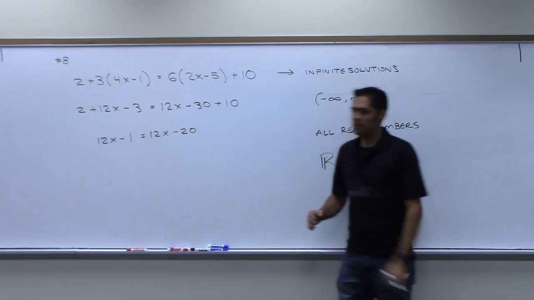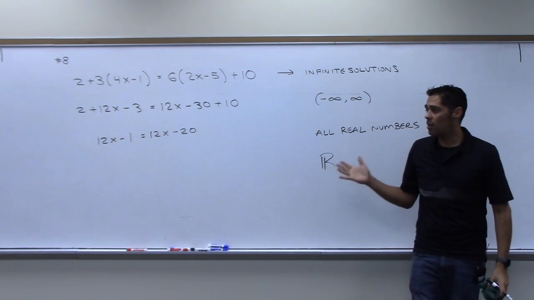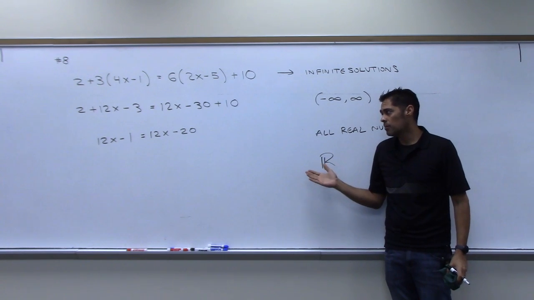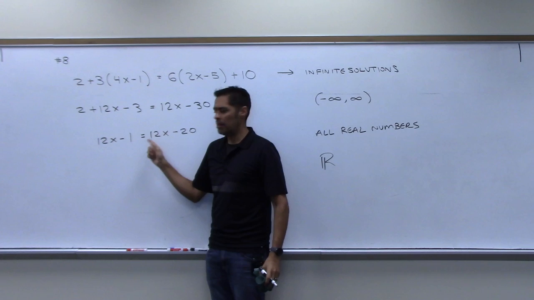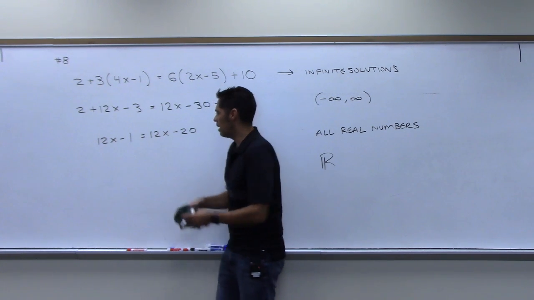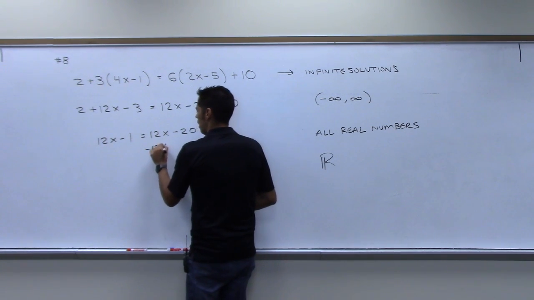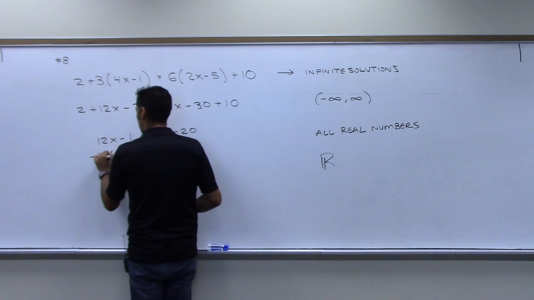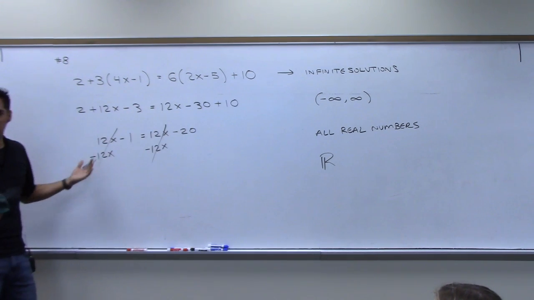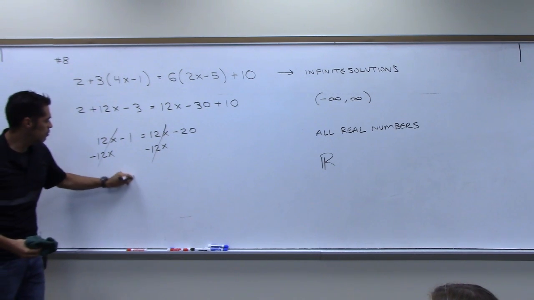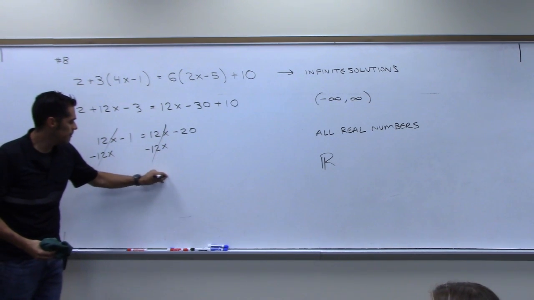Now at this point, you want to try and get all your x's to one side. So how about we get rid of these x's, and how are we going to do that? Subtract 12x. And, uh-oh, what do we get? Here is gone, and what are we left with? Negative 1 equals negative 20.